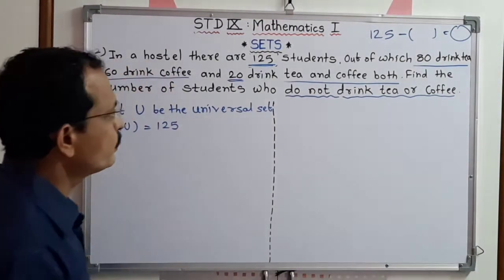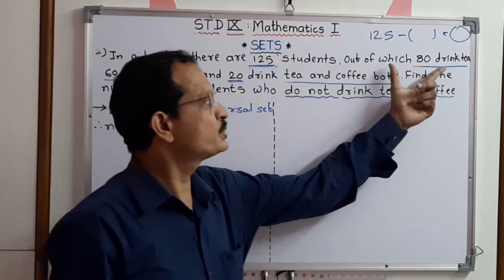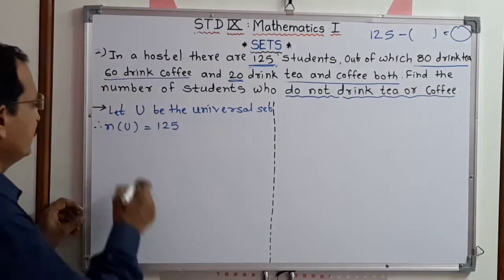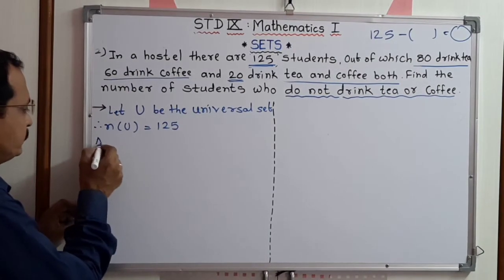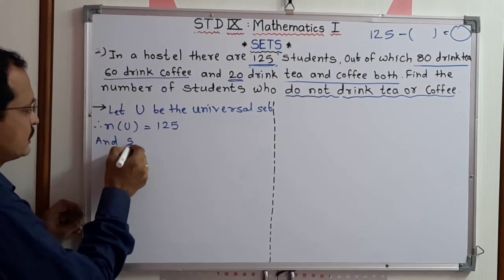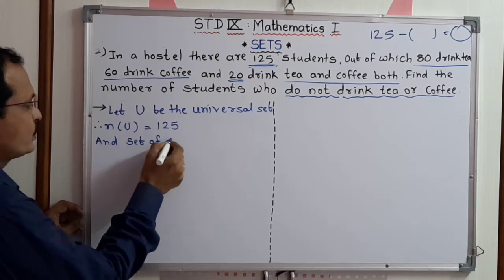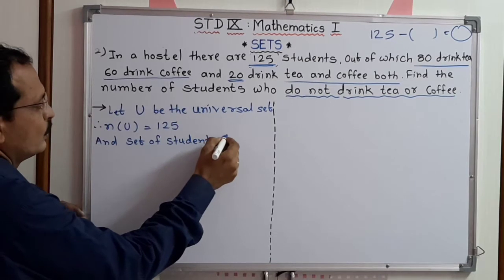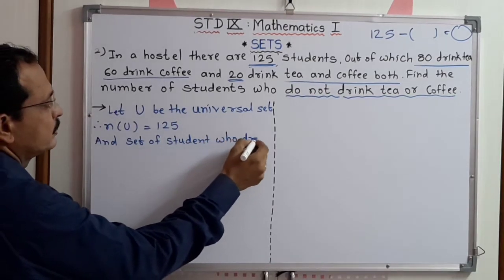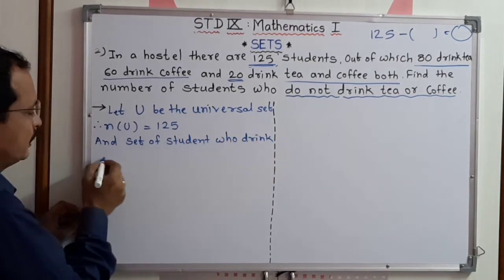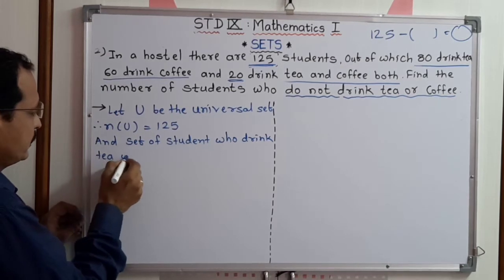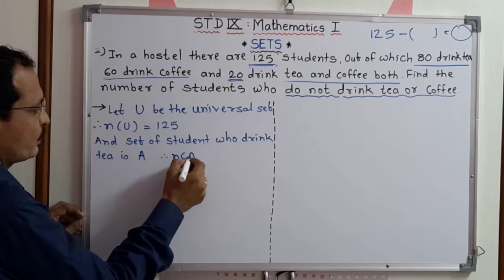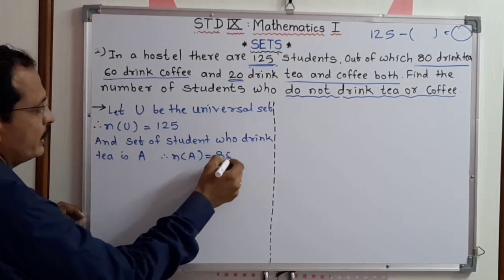Now we assume the set of students who drink tea to be A. Therefore, N of the set of students who drink tea is A. Therefore, number of A is equal to 80.